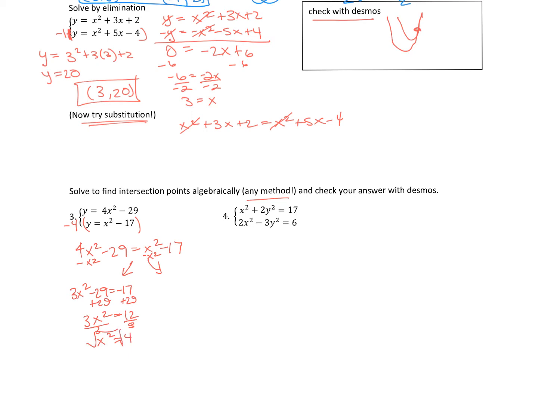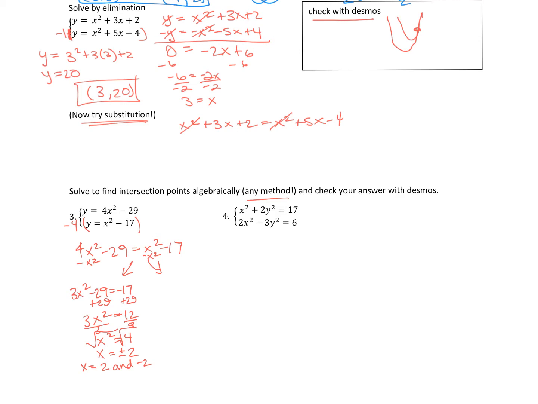I'm going to take the square root of both sides, and I get x equals plus or minus 2. Remember, when we're doing a quadratic equation, we take the square root. We have to account for both roots, the positive and the negative. So this is really two answers for x. So I'm going to have to substitute both in to find my value for y.